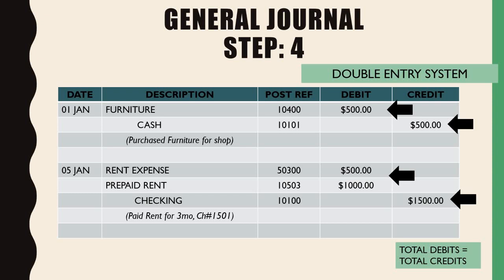And guess what? The rule here is your debits will equal your total credits. You've got your $1,500 credit, and you have your equal and opposite debit of a total of $1,500. So that's how we journalize our transactions.